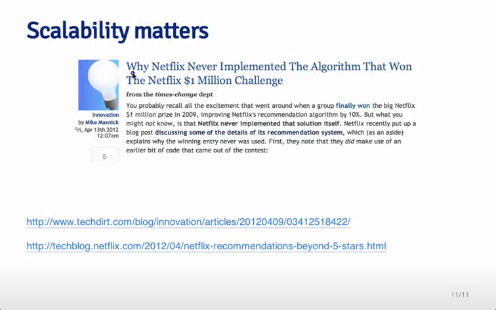A very interesting component of the Netflix challenge is that the Netflix prize was a $1 million challenge, and lots of teams competed, and several teams produced analytic algorithms that were much better at predicting than Netflix's original algorithm. But it turns out they never implemented the final algorithm on their production machinery, and the reason was that the algorithm didn't scale very well.